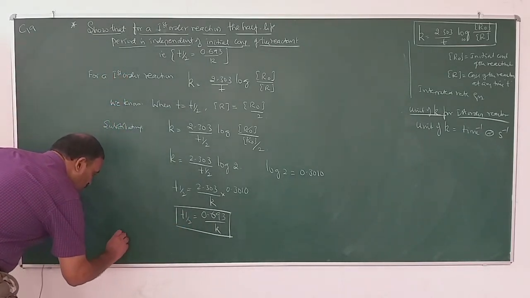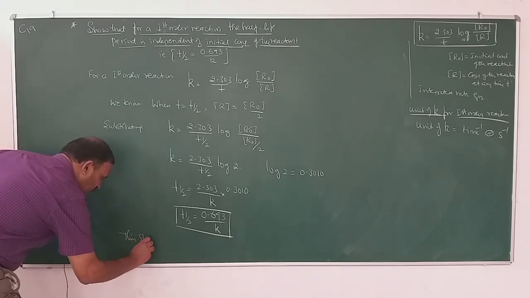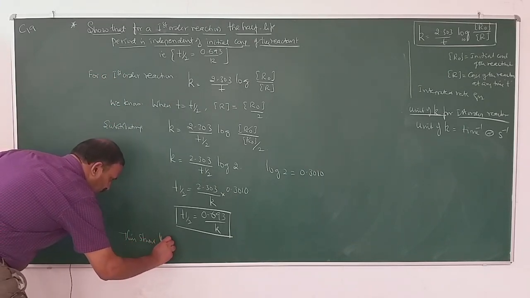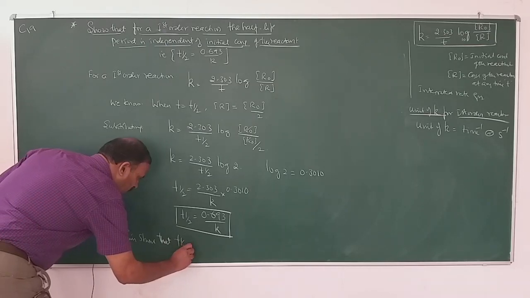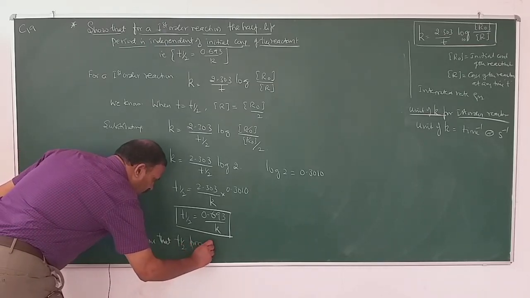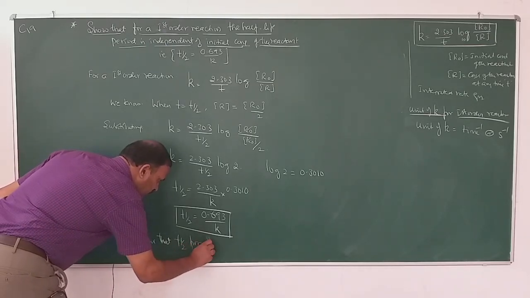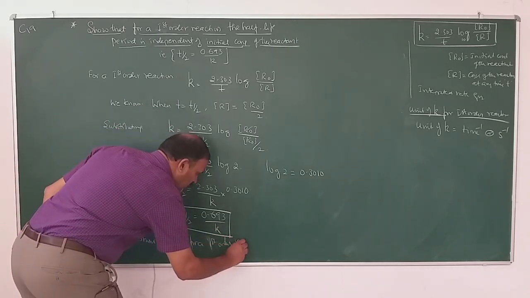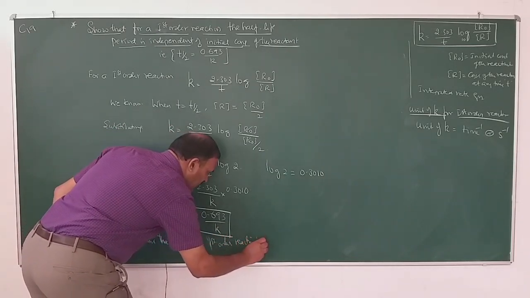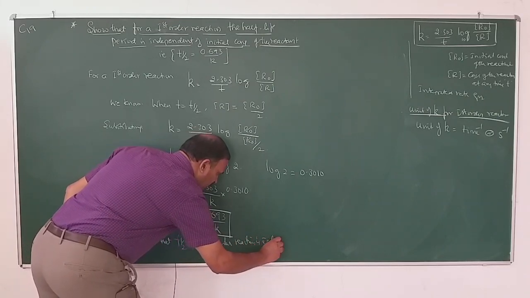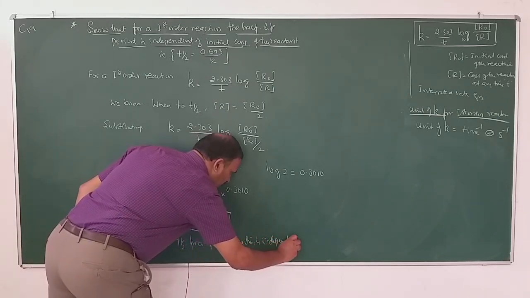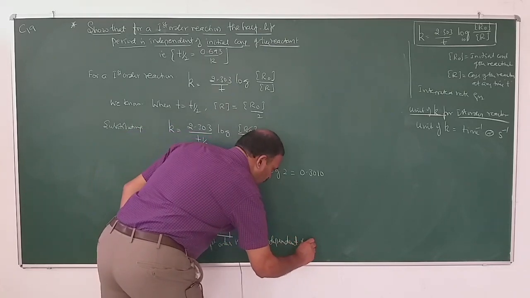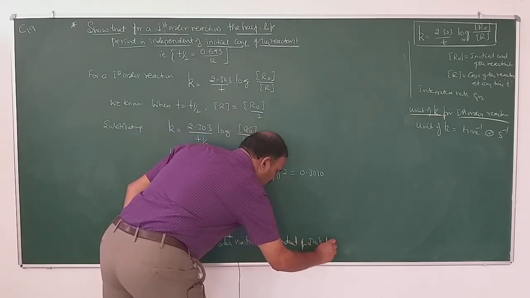So this shows that T half for a first order reaction is independent of initial concentration.